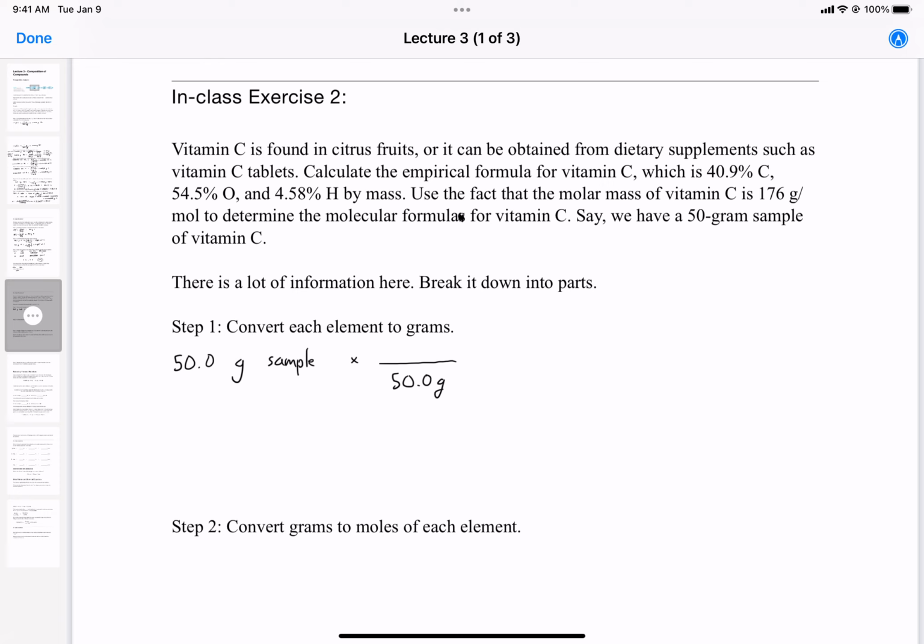Actually, it doesn't matter, because they will cancel out anyway. But it might be best to just use a 100-gram sample. But for simplicity's sake, you won't always have a 100-gram sample, so it's best to use this as a different example.